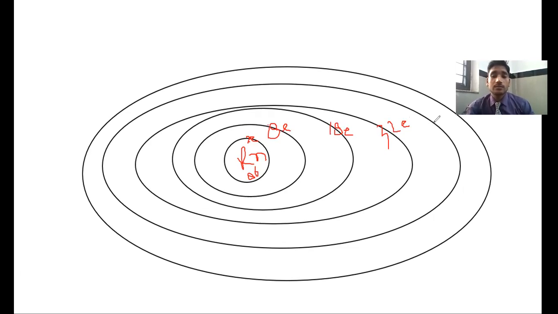In the fifth shell, how many? 18 electrons are present. And in the sixth, there are 8 electrons. What is the sum? Just let's check if it is 86. Yeah, 10 and 50, 60. Yeah, it is 86. All right.